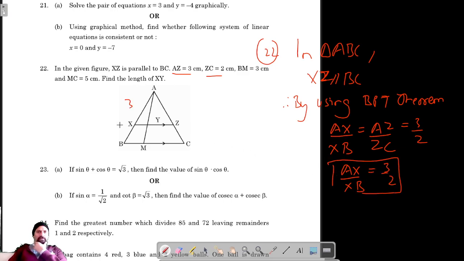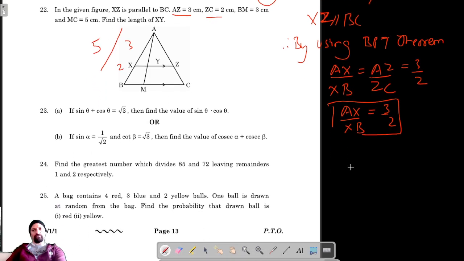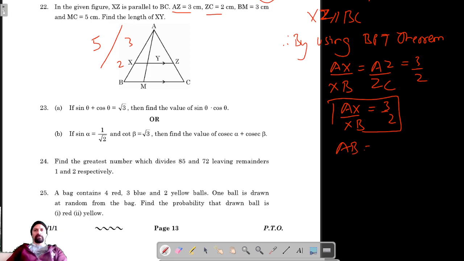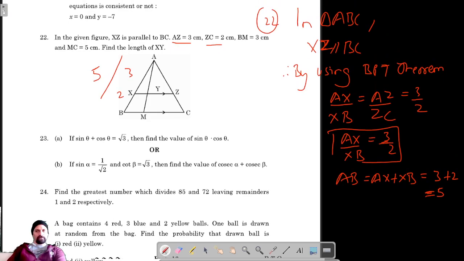So this is 3 and this is 2, and this whole length is 5. That is AB is equal to AX plus XB, which is 3 plus 2 is equal to 5. Actually, these are in proportions, but if we take them as a multiple of some constant, 3x and 2x, this will cancel out and still we will get the same value.